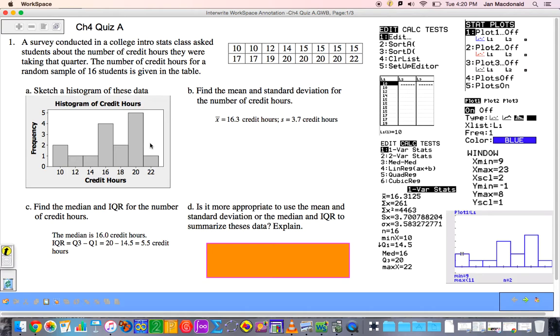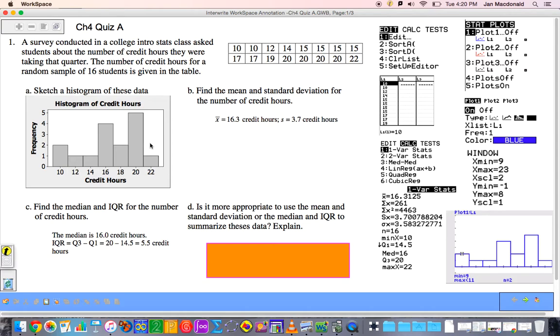So for question D, is it more appropriate to use mean and standard deviation or median and IQR to summarize these data? Well, my graph isn't really very symmetric, so I would say it's more appropriate to use median and IQR. When the graphs are not symmetric, we use median to describe the center.